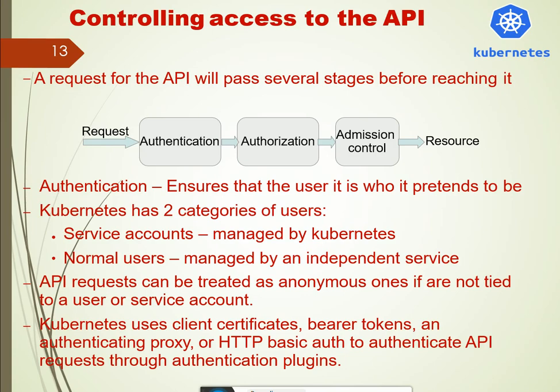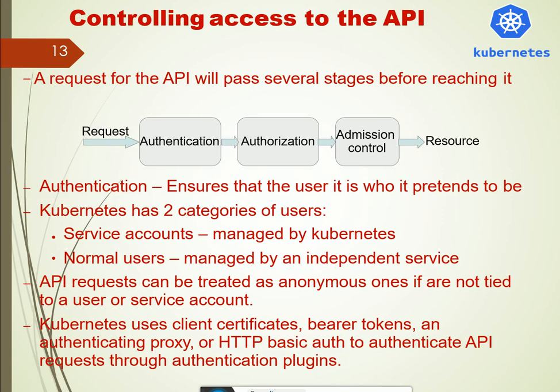Authentication ensures that the user is who it pretends to be. Kubernetes has two categories of users, service accounts and normal users, managed by Kubernetes and managed by an independent service.